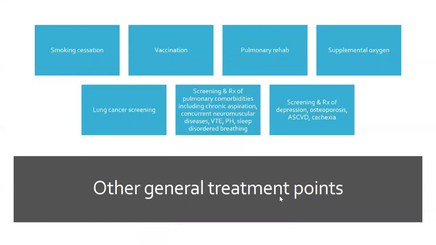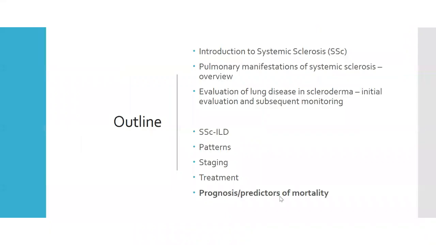Some of these can be on low dose steroids for long duration, so they may be at risk for osteoporosis, cardiovascular disease, cachexia, things like these. So general treatment considerations, as with our other chronic lung disease patients, need to be considered.